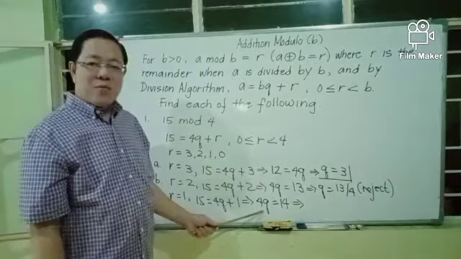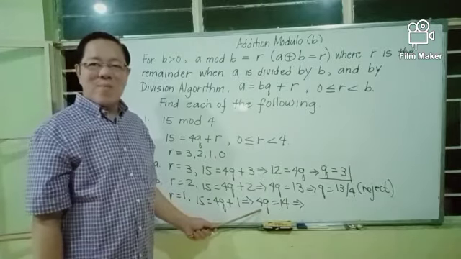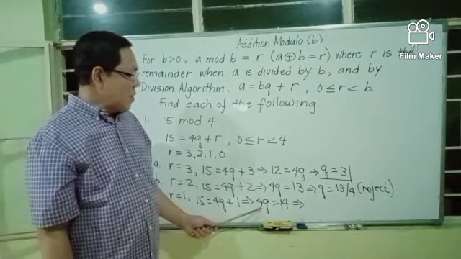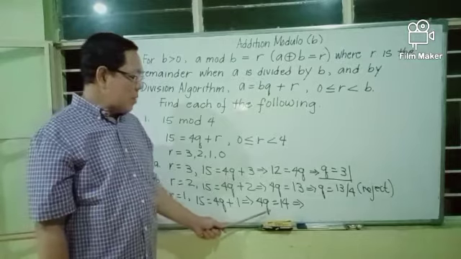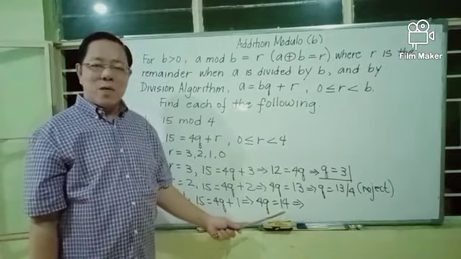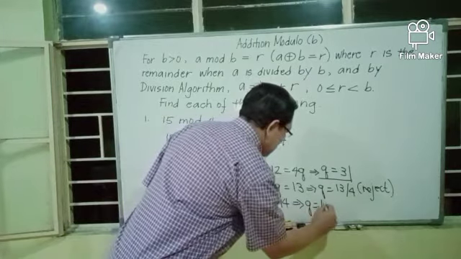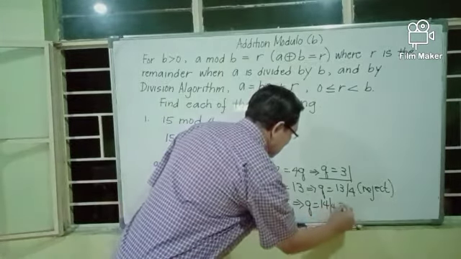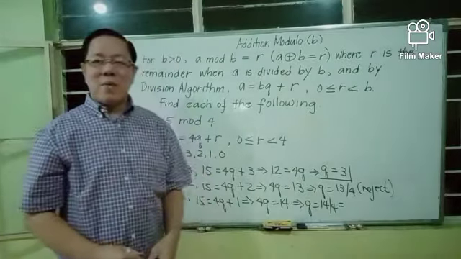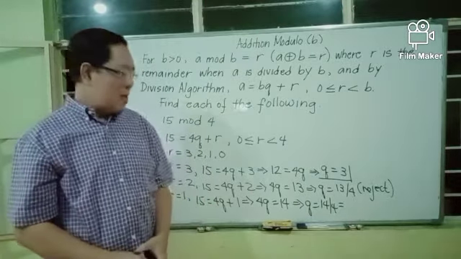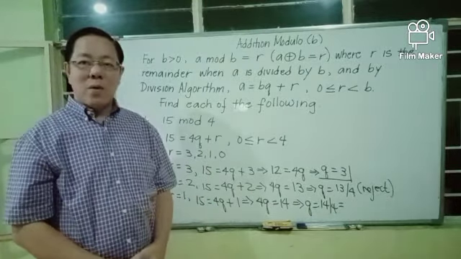To solve for q, we divide both sides by 4. 4q divided by 4 is q equals 14 divided by 4. And 14 divided by 4 in lowest terms is 7 over 2.